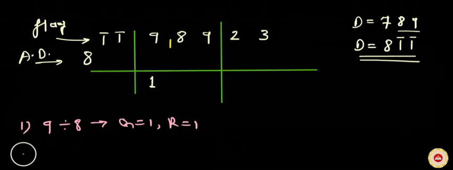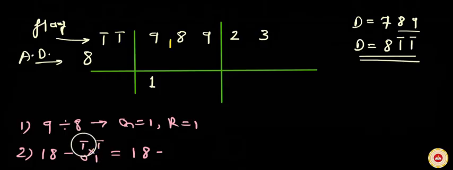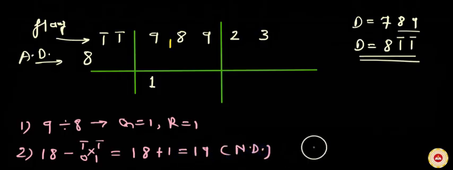So step number 2 is calculating the net dividend from the gross dividend 18. So 18 minus the cross product of the two flag digits and the last two quotient digits 0, 1, which gives us 18 minus (1 multiplied by minus 1 plus 0 multiplied by minus 1, 0), that means 18 minus minus 1, that is 18 plus 1 is equal to 19, and this 19 is the net dividend.